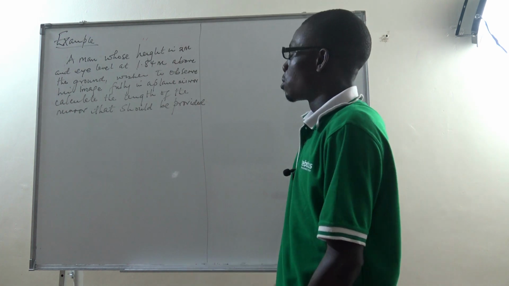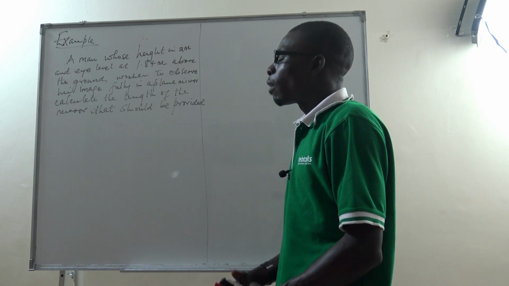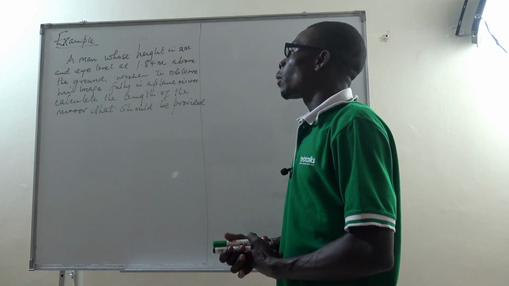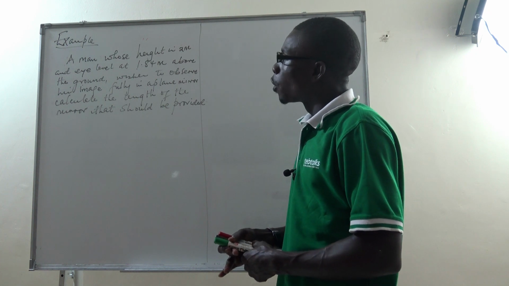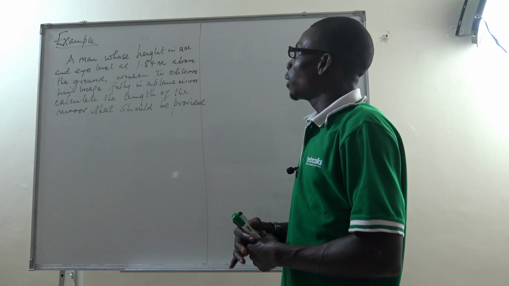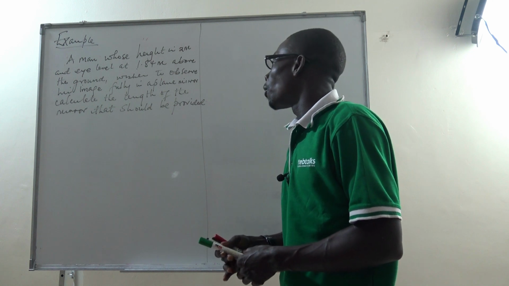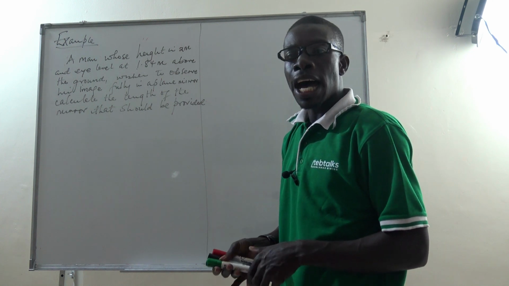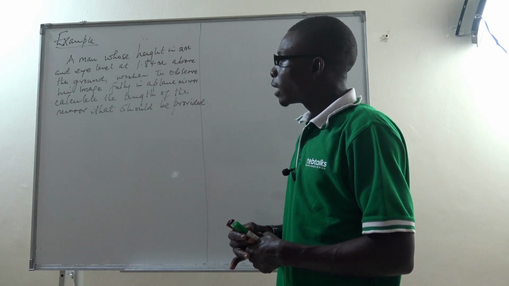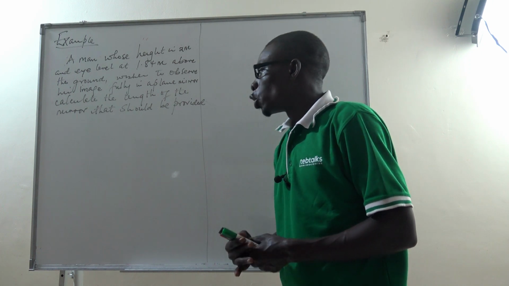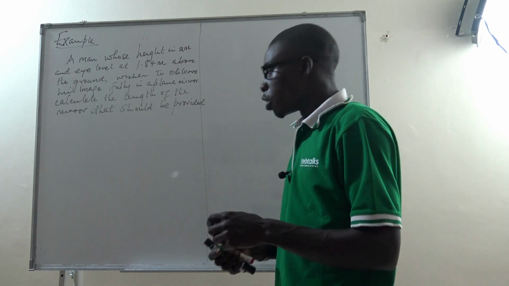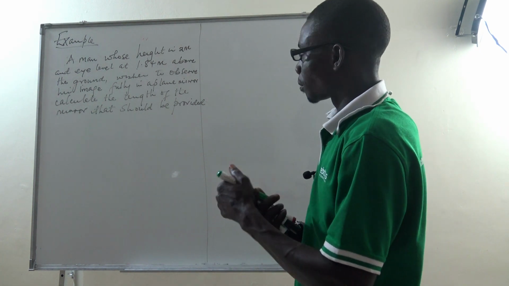He wants to see himself in the mirror. Now, the question is, what should be the length of the mirror that should be provided to that guy with a total height of 2 meters and eye level of 1.84, such that he sees himself fully in the mirror? So that is the question we are supposed to analyze now.